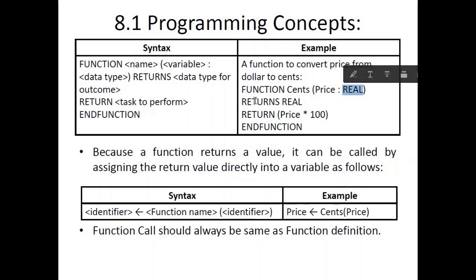Now the data type is real, and what will it return? What would be the data type of the return value? Obviously, if you're converting some price into cents, it would be real, or it's best to keep it the same as your basic variable data type.